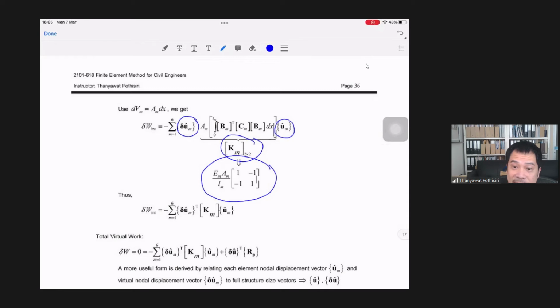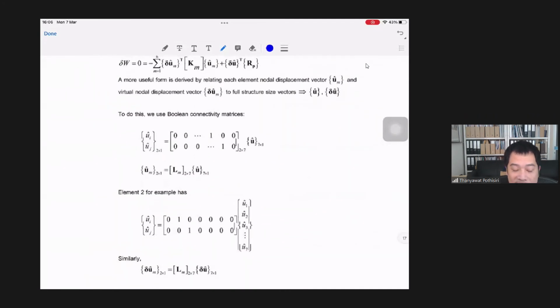What we need is how to correspond the nodal displacement of the element with the nodal displacement of the structure. So you need to find this relationship. One of the ways you can write this relationship is by using what we call the connectivity matrix, so you can connect between the nodal displacement of the structure with the nodal displacement of each element.